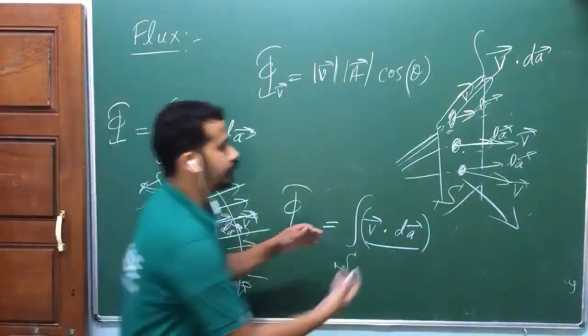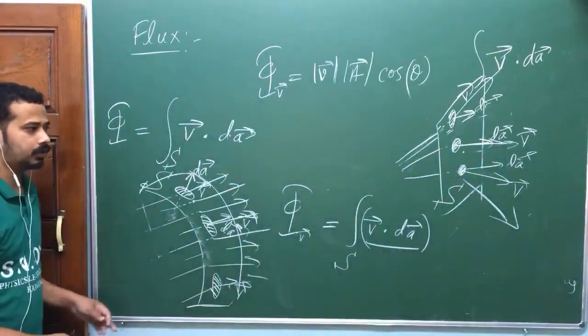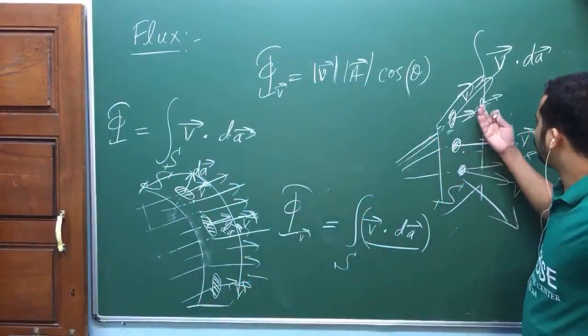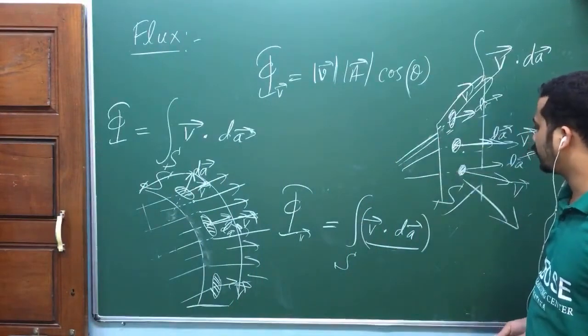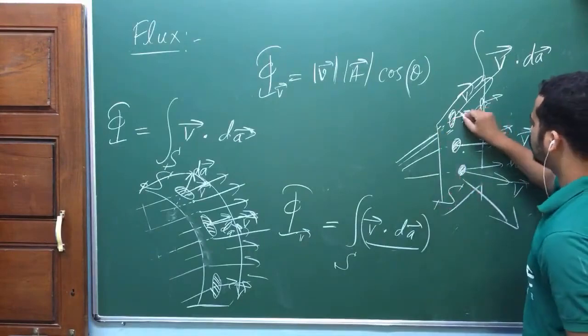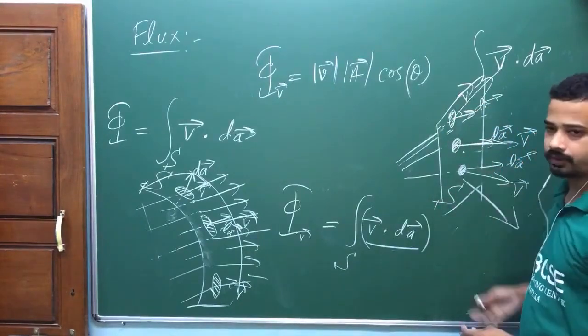You are always free to choose this dA vector opposite. That's your choice actually. If you choose all of these dA vectors opposite, then your total flux will be negative. Here I have chosen the dA vector like this. These are acute angles, so cos theta will be positive, and you get positive flux when you integrate.